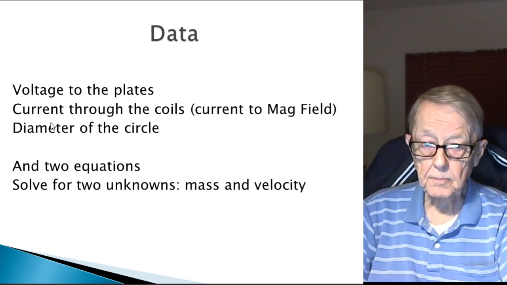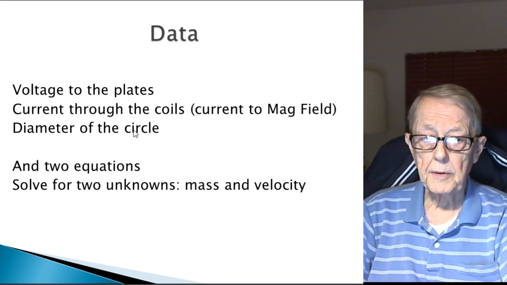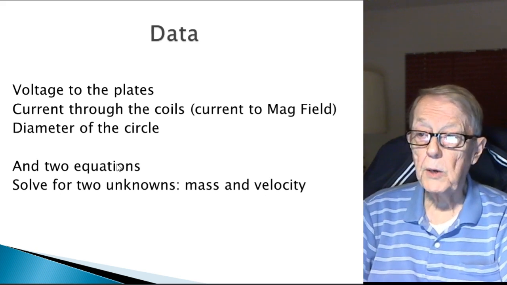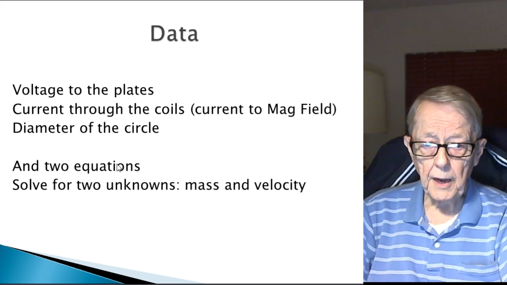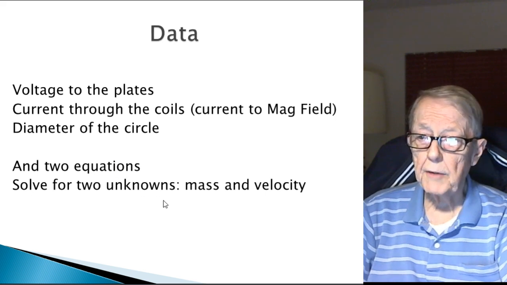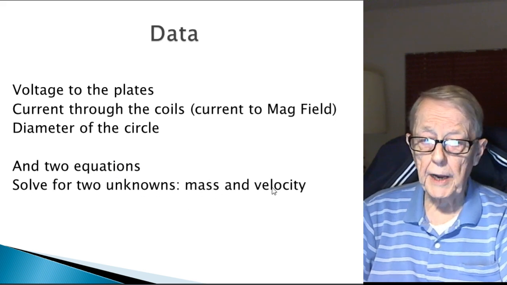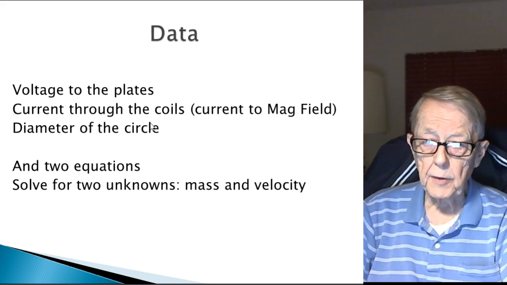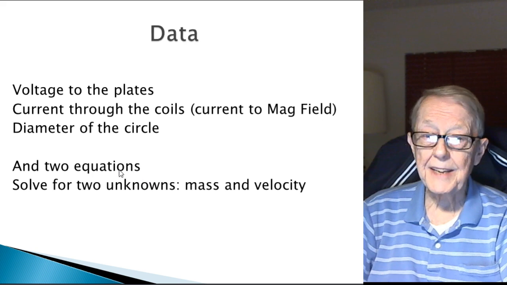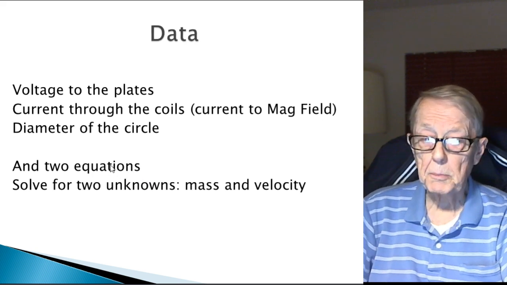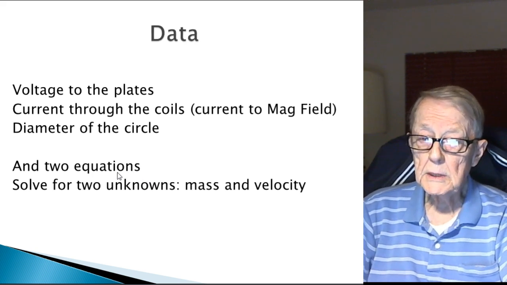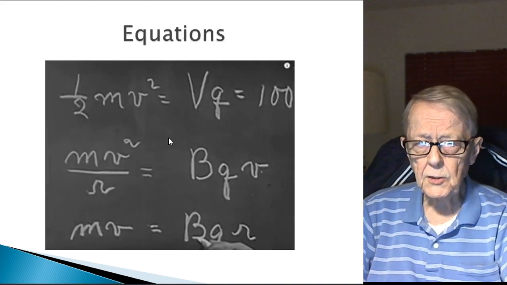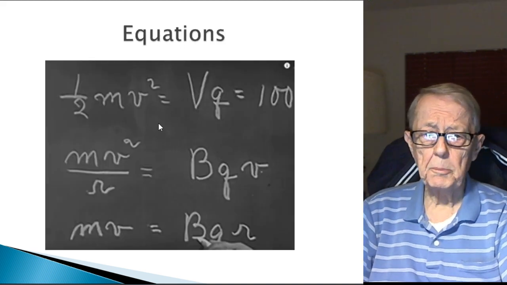And they also have the diameter of the circle. So they're going to develop two equations. And those two equations have two unknowns. They have mass and velocity. They're going to develop two equations such that they can solve with simple algebra the values of mass and velocity.